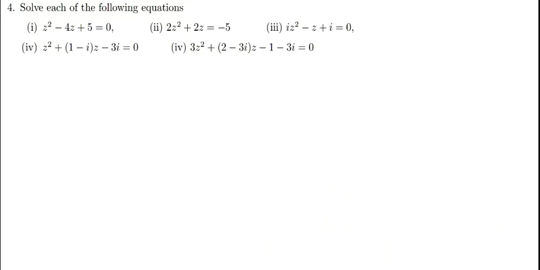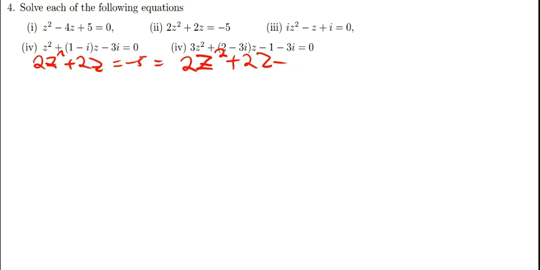So part B, we have 2z squared plus 2z is equal to -5. Just shift -5 to the other side so that we remain with 0 here. So we have 2z squared plus 2z minus 5, or it's negative now.